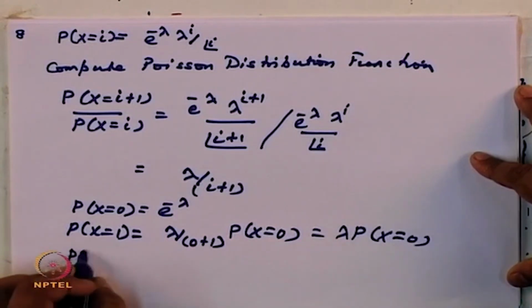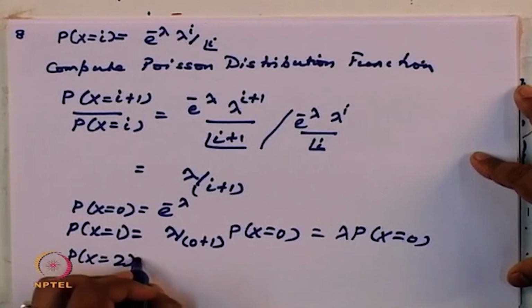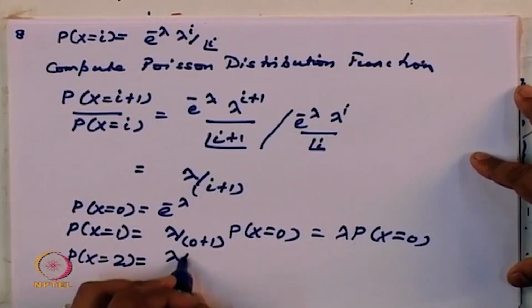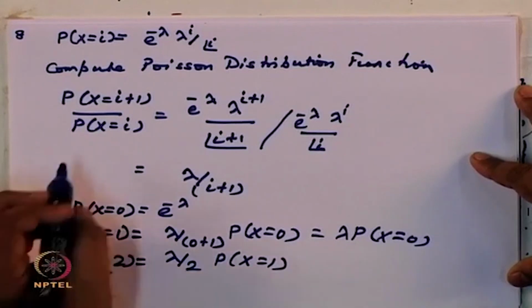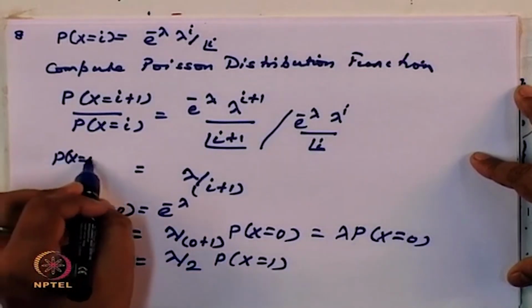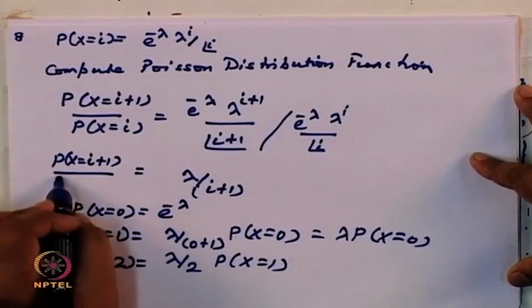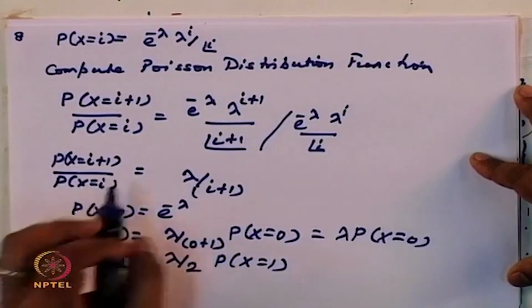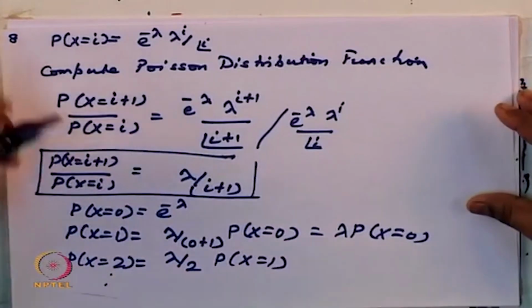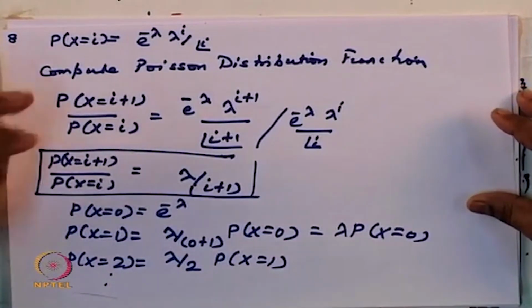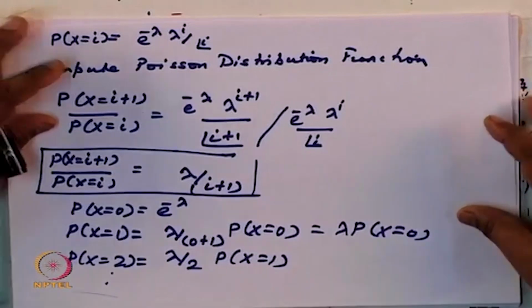P of x equal to 2, accordingly we plug in the values, will be lambda by 2 into the probability of x equal to 1. Using this expression, you can write down the recursive form of calculating this probability, and so on and so forth.